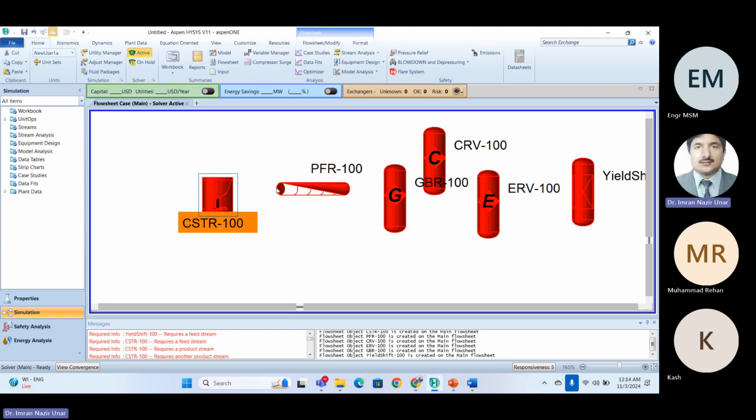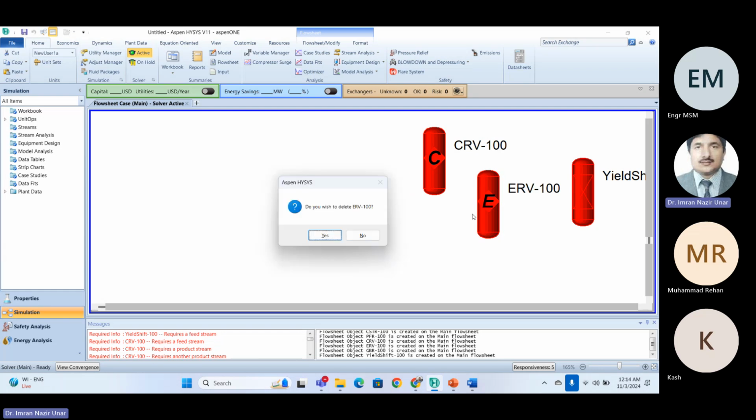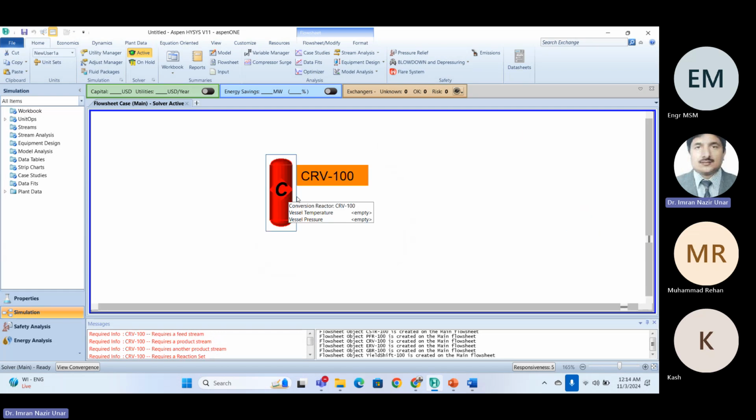When streams or materials are passing through these reactors, the conversion is done as per the definition of the reaction. So here I'm deleting all the things, and I'm only interested in the conversion reactor, because my definition of the reaction is of conversion type.